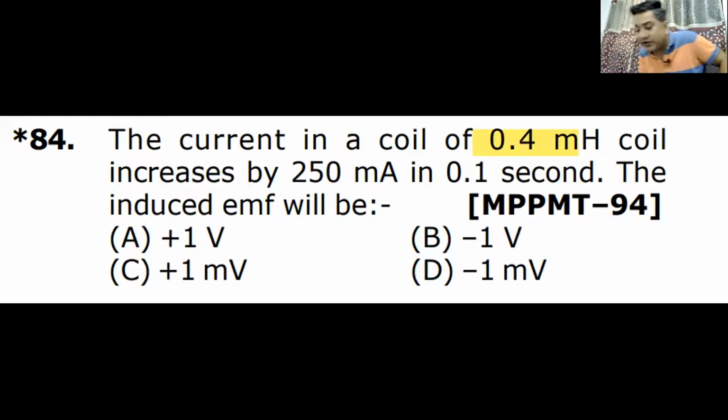You can apply the formula E equals minus L di by dt and you will get the answer. Do you understand this better? Yes, sir. Do you want me to solve it, or do you know how to do it?